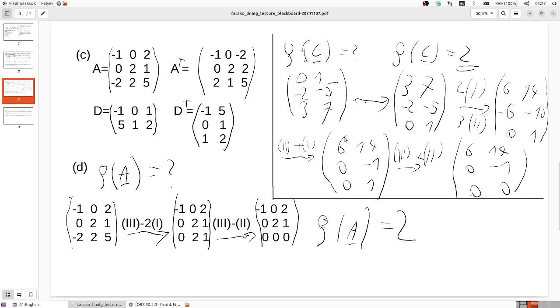So now I can add the first row to the second row, so this will be 0, this will be minus 2. Then I add to the third row the second row, and then it disappears. So it's 0. There are 2 rows that are not 0, so the rank is 2.